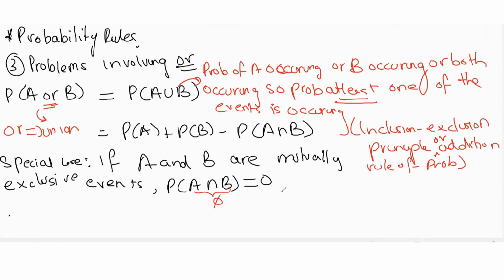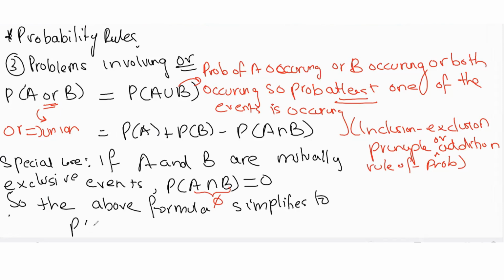So the above formula simplifies: probability of A union B simplifies to probability of A plus probability of B, because probability of A intersection B is just probability of null set, which is zero.